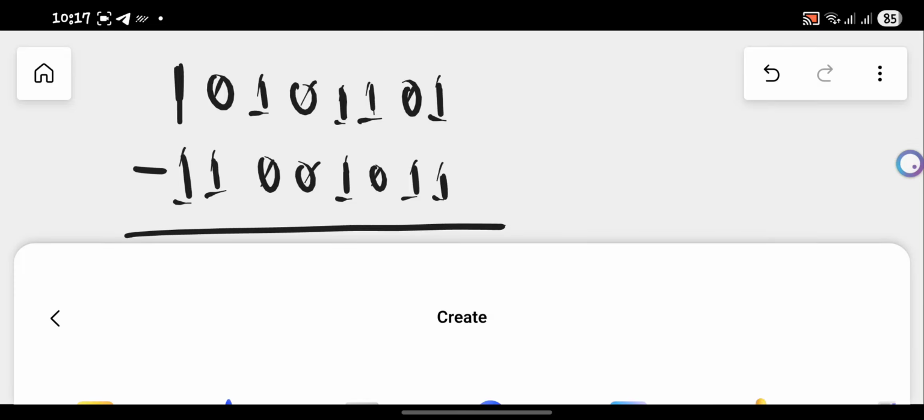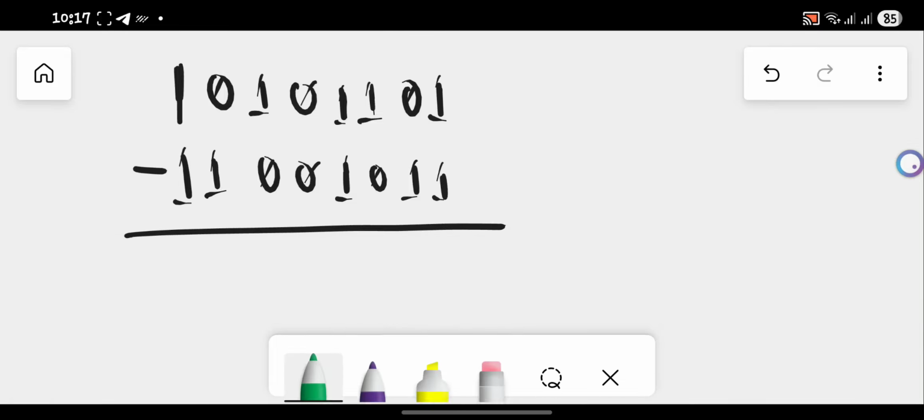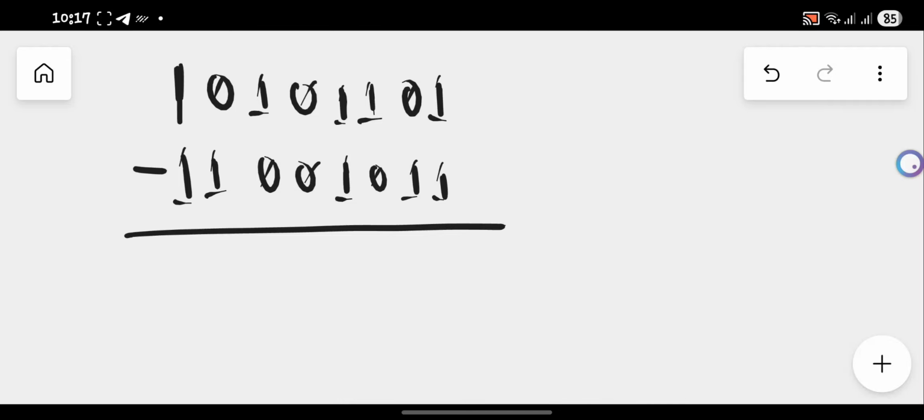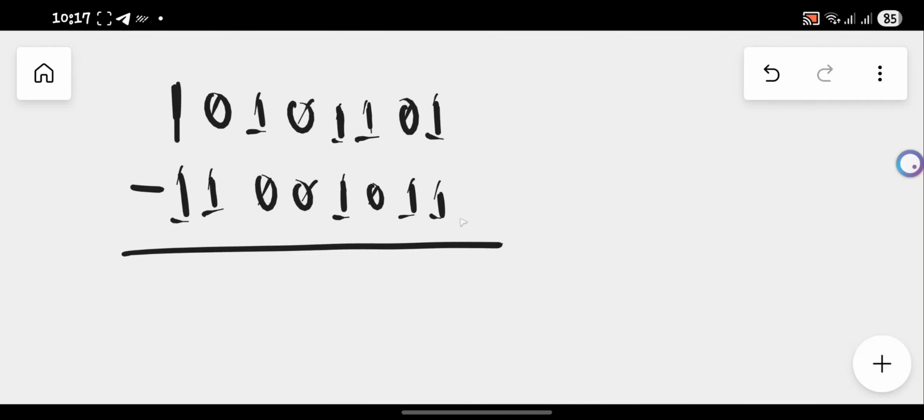How did we do it? We just picked, right? So how did you do it? We subtracted 1, so this is in base 2. So 1 minus 1 was 0. Then 0 minus 1 is not possible, so we'll go and borrow this 1 here.